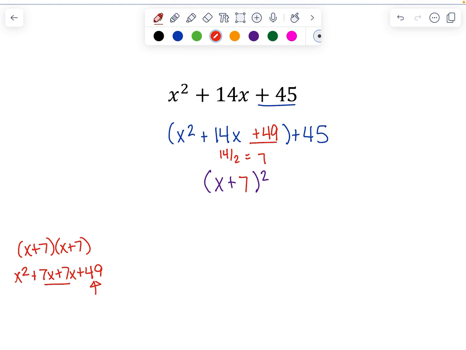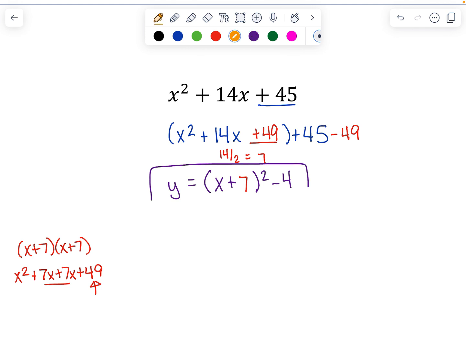And now if I'm adding 49 to my equation, in order to make it stay the same value that it was, I need to take 49 back out. So I'm going to adjust my ending here. 45 minus 49 is negative 4. And here I have my equation written in vertex form.